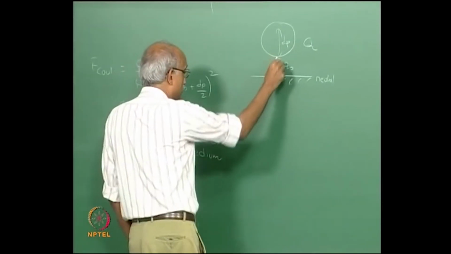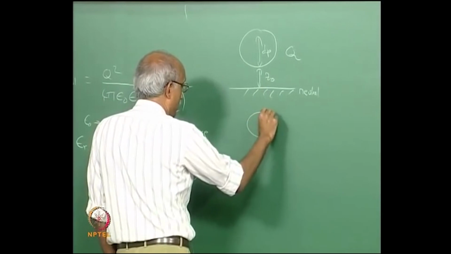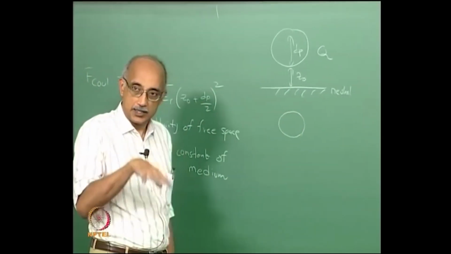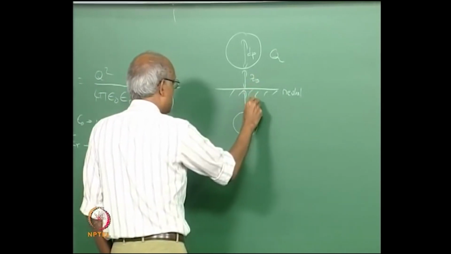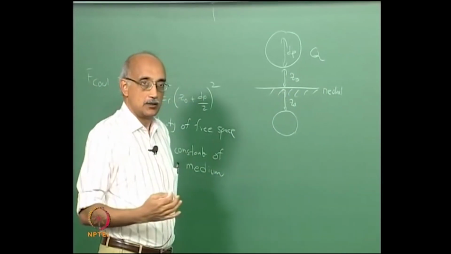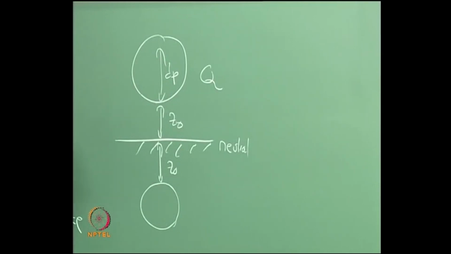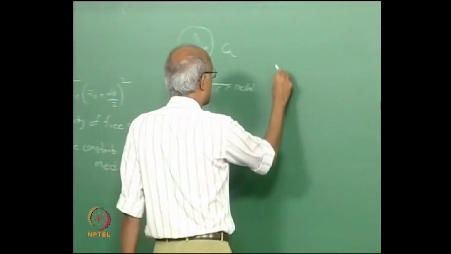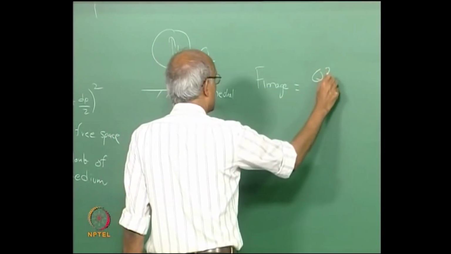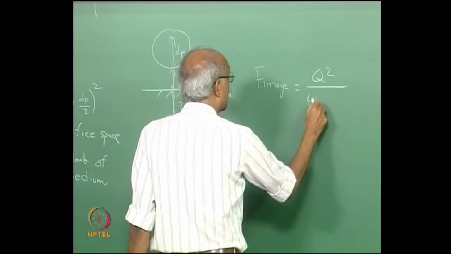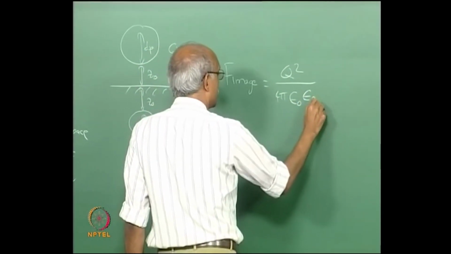Essentially this particle is reflected as an image inside the surface at a distance that is also exactly equal to z0. It is like a mirror or an image that it sets up, and so in this case the force associated with that is called the image force, and this is given by q squared divided by 4 pi epsilon 0 epsilon r.